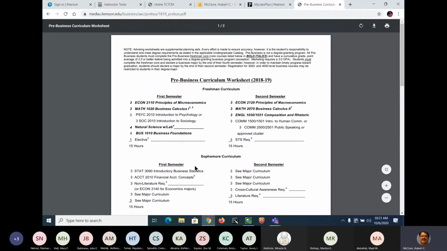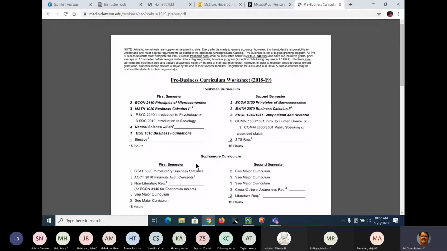So you can use that 120 as an elective at Clemson. It will transfer. Everything on your record goes to Clemson. They'll use the 120 as an elective. And you'll be getting ready for this 309, which is called Introduction to Business Statistics.